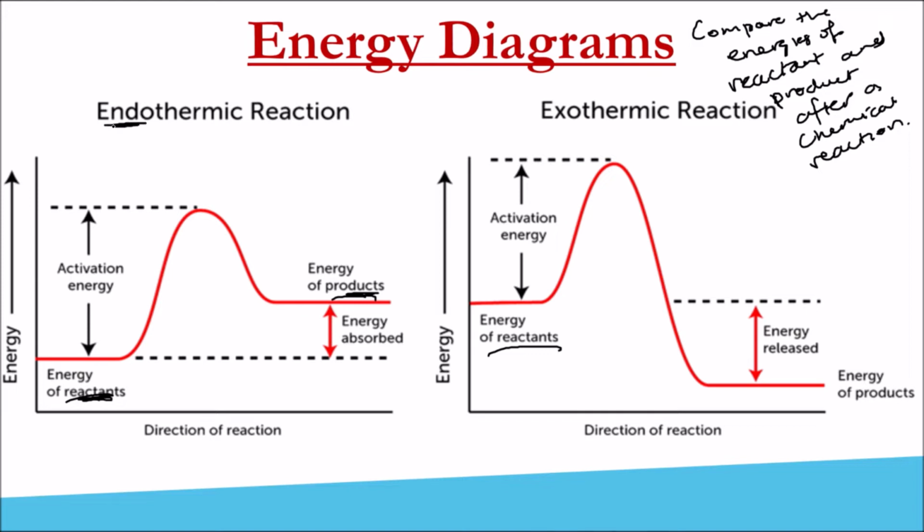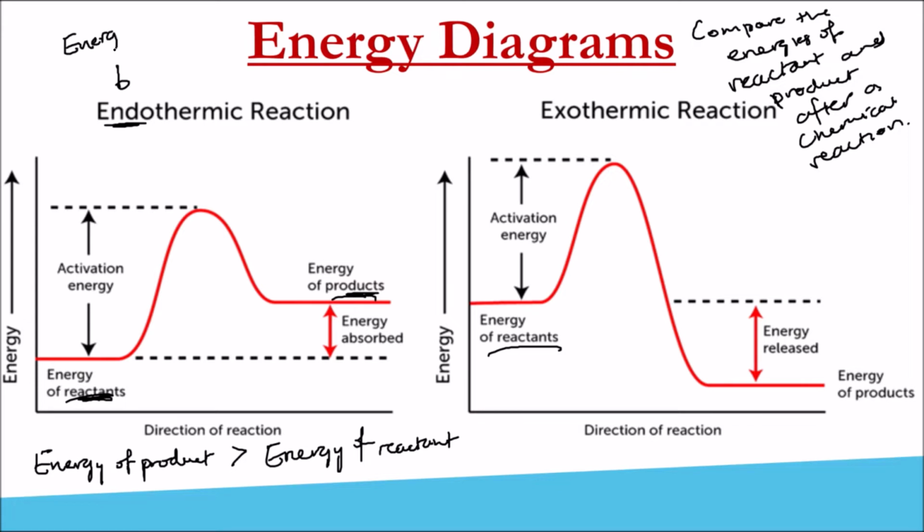Here we have an example of an endothermic reaction. In an endothermic reaction, the energy of the products is bigger than the energy of our reactants. The reason is, remember, if it's an endothermic reaction, heat energy or any form of energy is absorbed to cause the reaction to occur.